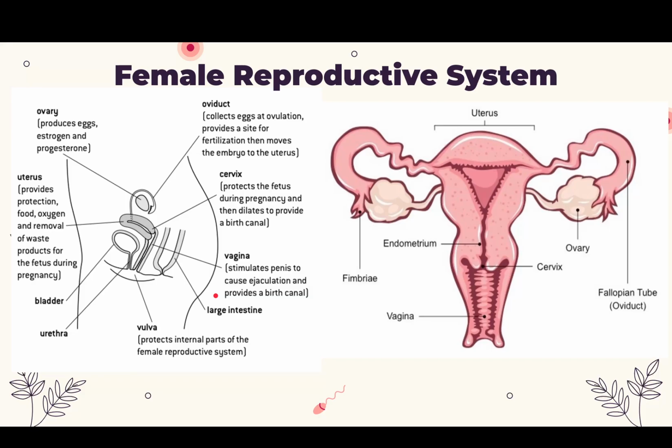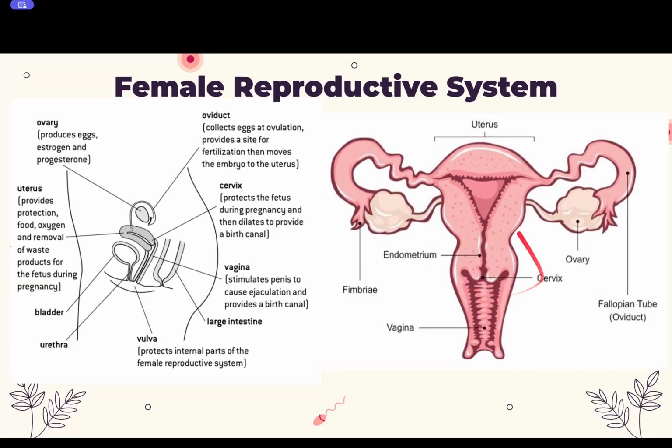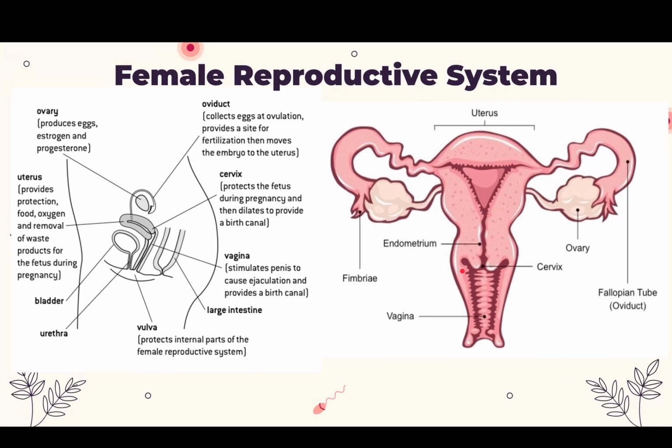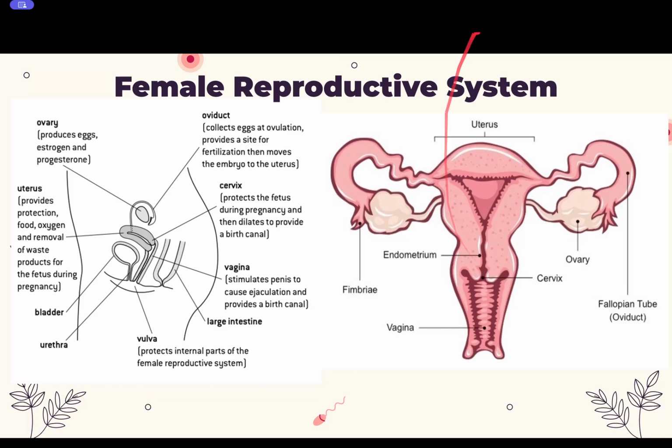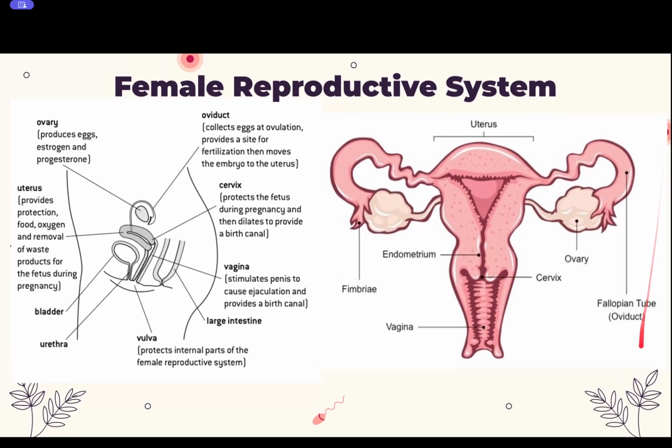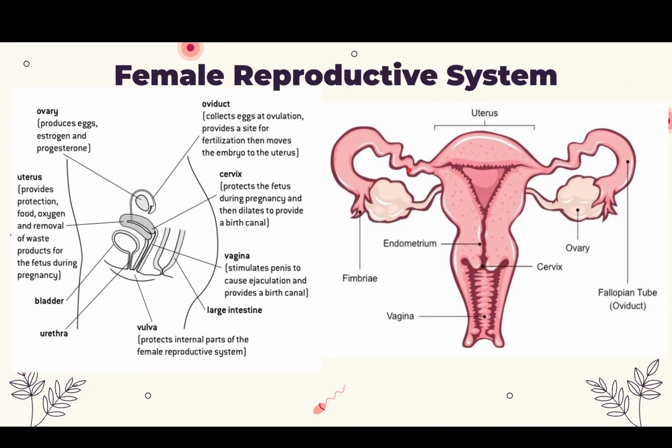Six out of 6, but I didn't get endometrium. It's okay. It's not that good of a labeling, if you will, but it is what it is. But yeah, that's the female reproductive system. Any questions regarding the female reproductive system?